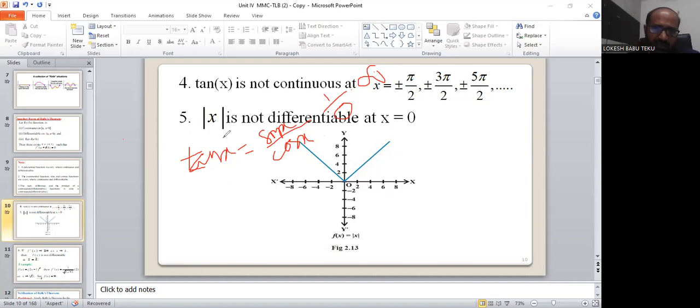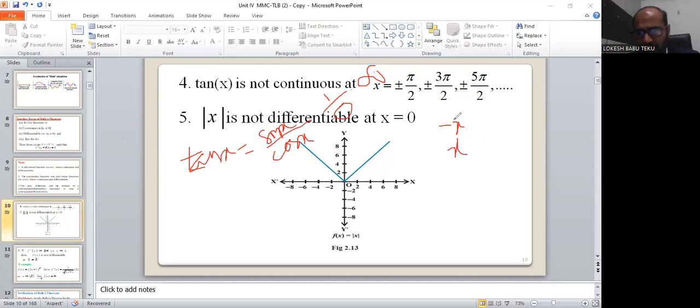Next, fifth point: mod x is not differentiable at x equal to 0. Actually, f of x equals mod x is continuous at x equal to 0. The definition of mod x is minus x if x is less than 0, and plus x if x is greater than 0.